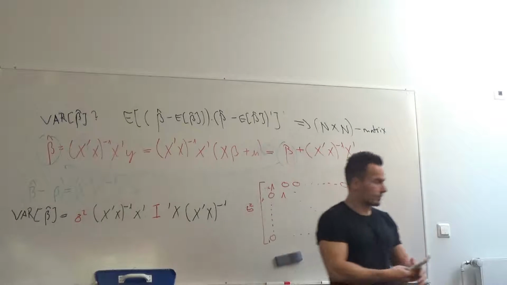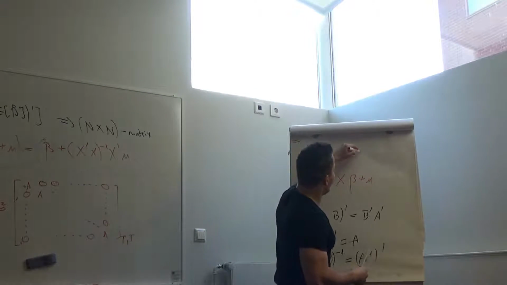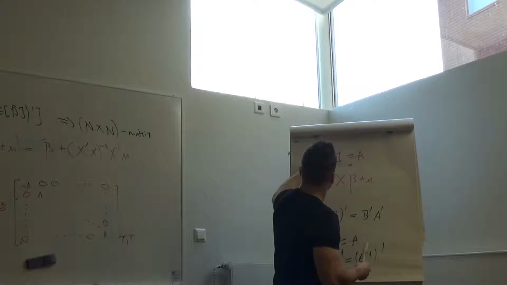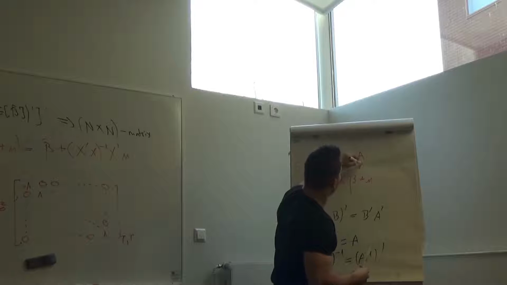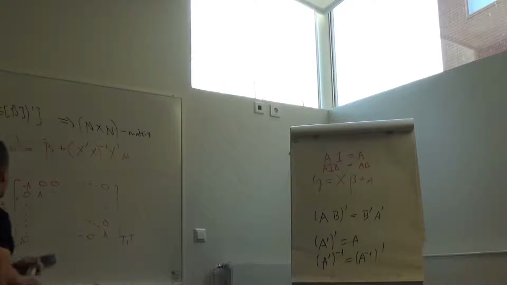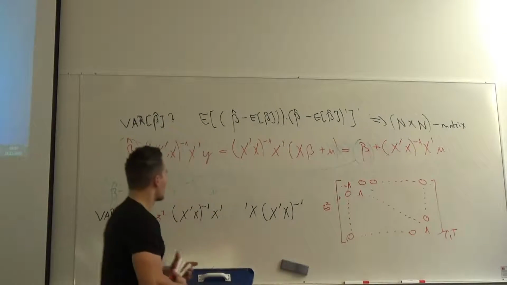We know all that stuff from matrix algebra. A matrix A times the identity matrix is A. And if we have a matrix product, let's say A times B, and in the middle we have the identity matrix, it's A times B. Obviously. So this guy doesn't change anything here, so we can remove it.